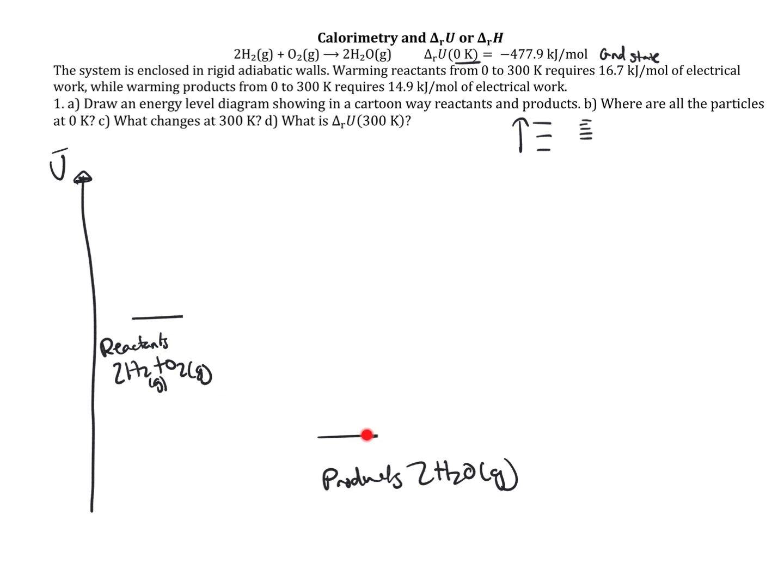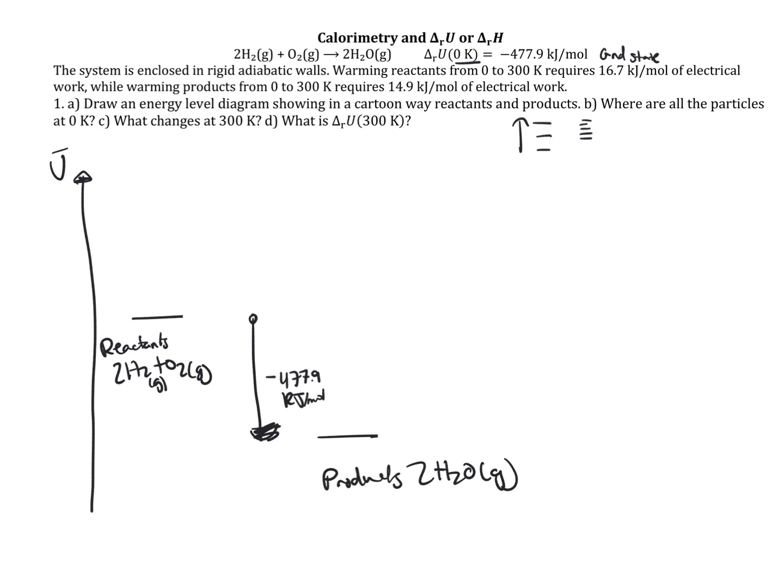And the products are lower, and I actually know exactly how much lower the products are. I know that this arrow right here, going from reactants to products, has a length of negative 477.9 kilojoules, or kilojoules per mole, because we're per mole of reaction, basically. So the products are this much lower in energy. This is a very exothermic reaction.